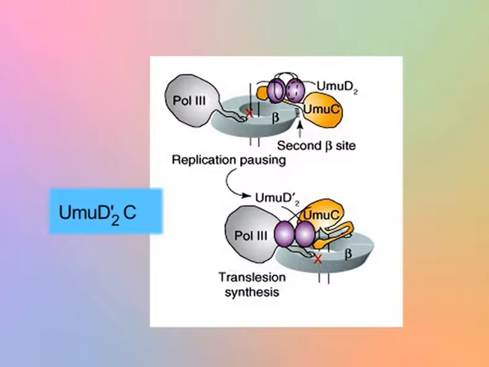RecA will recruit this UmuD2 prime C as a translesional polymerase called polymerase 5, by eliminating DNA polymerase 3. So they can insert any base, especially against an apurinic site, where it will insert A, and they can fill the gap. So they are some sort of translesional polymerases.